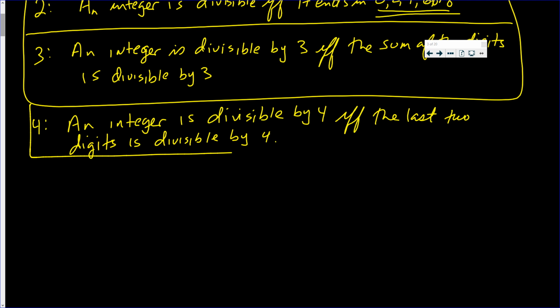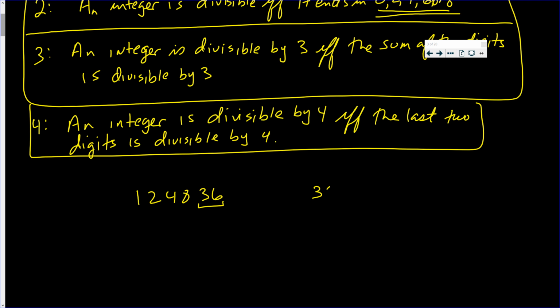In other words, if you have 1, 2, 4, 8, 3, 6, look at 36. 36 is divisible by 4. 4 goes into 36 9 times. So this number is divisible by 4.